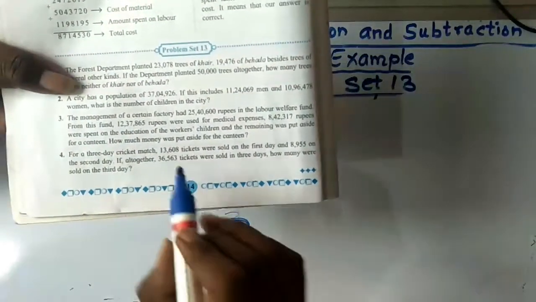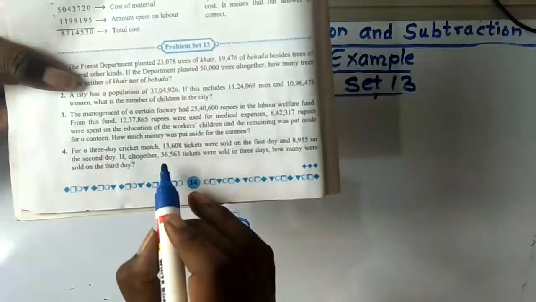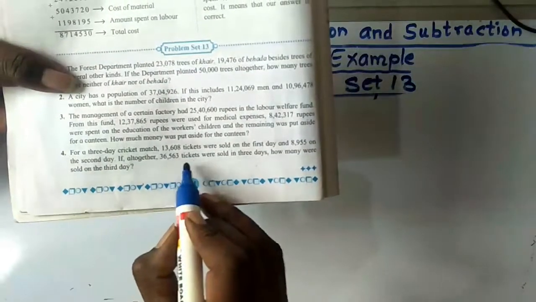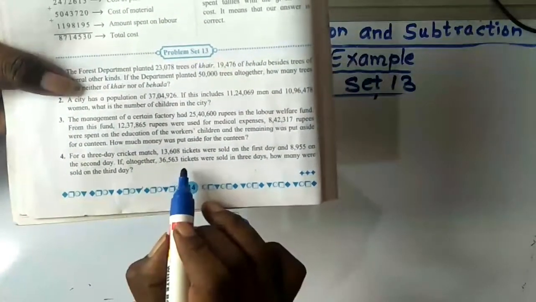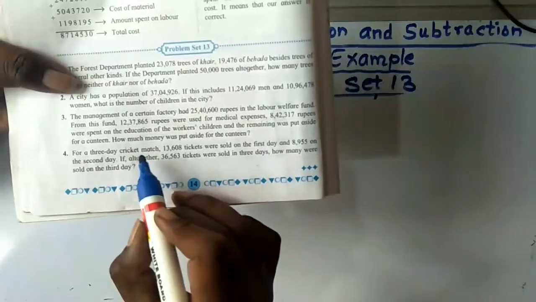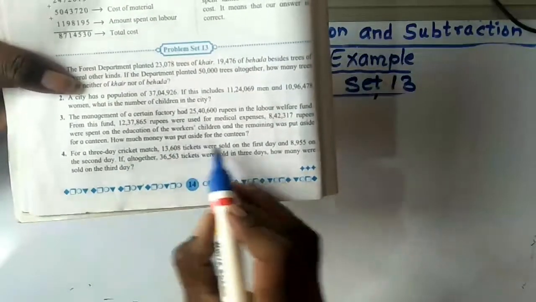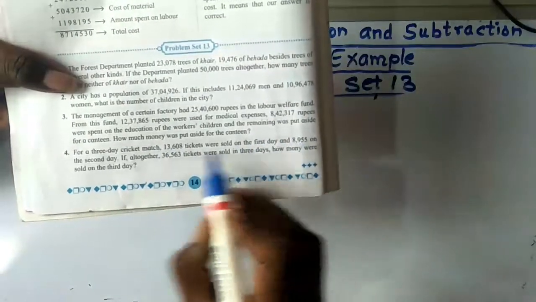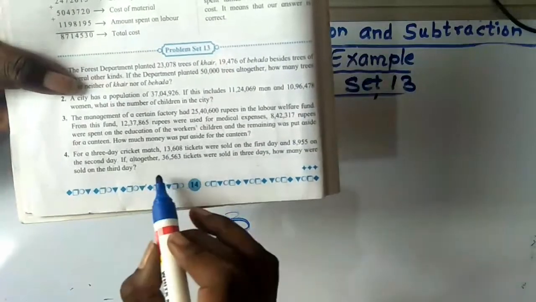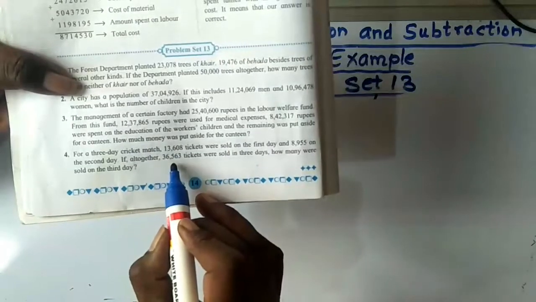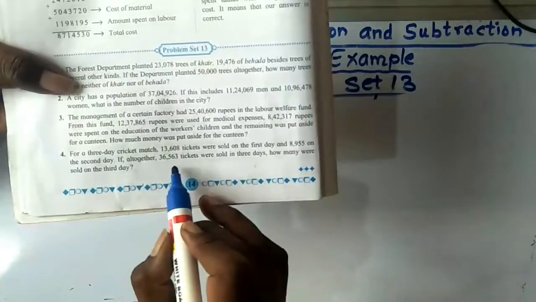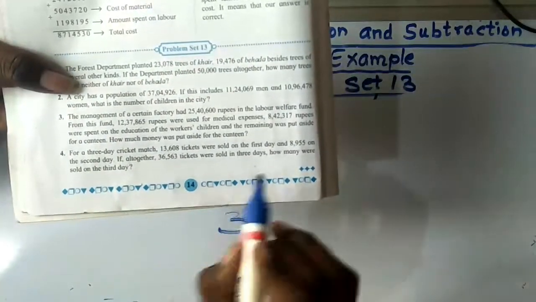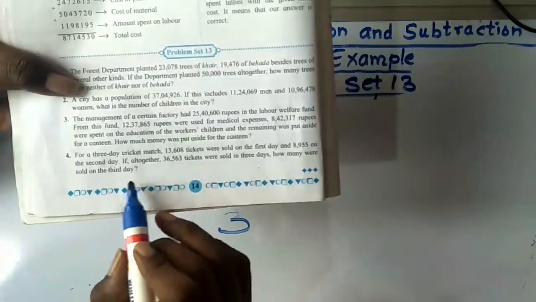But the total for the first, second and third day is 36,563 tickets. This is the total. So first what you have to do, add the first day sold and the second day sold. Add these numbers, whatever answer you get, subtract that number from 36,563. After subtracting, whatever answer you get, that is the sale for the third day.